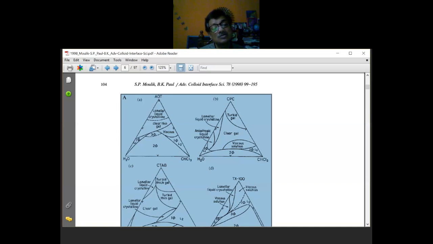Similarly, here you see, if you take surfactant and water, some surfactant is soluble in water, so you don't get any two-phase region over here. Similarly, surfactant is partly soluble in oil, so you do not get any two-phase region. They are all 1, meaning single-phase region.